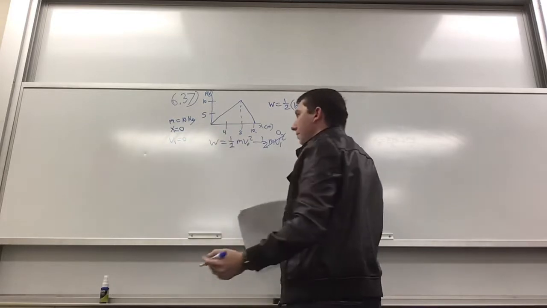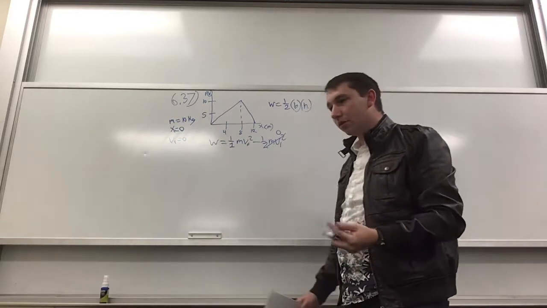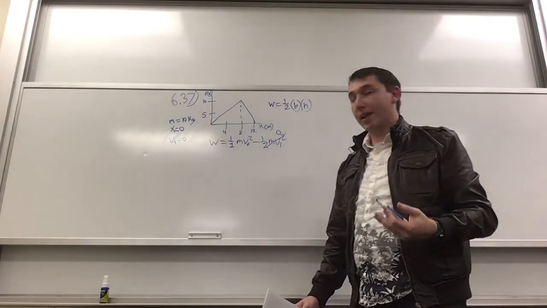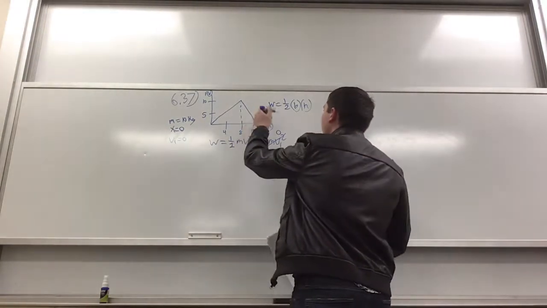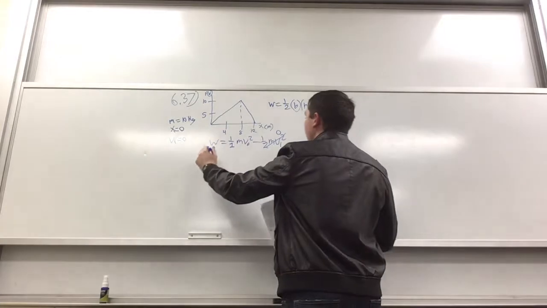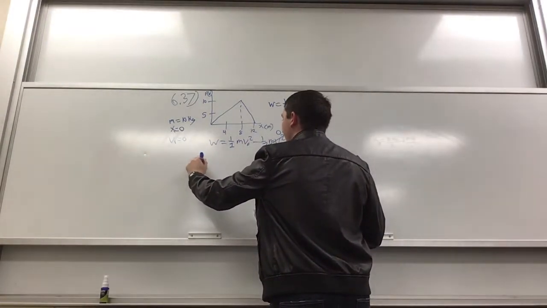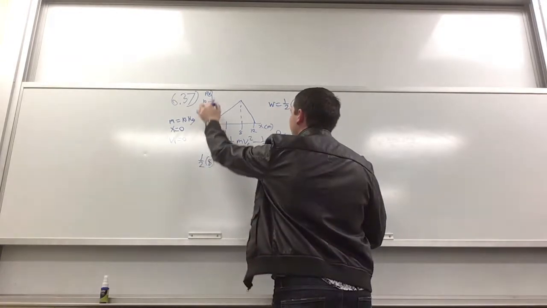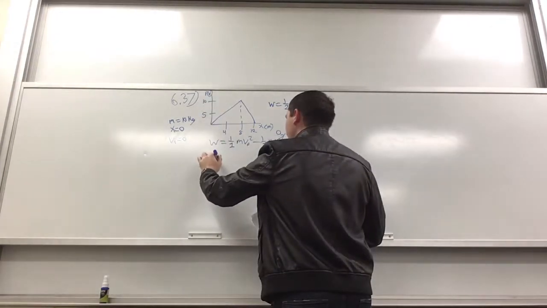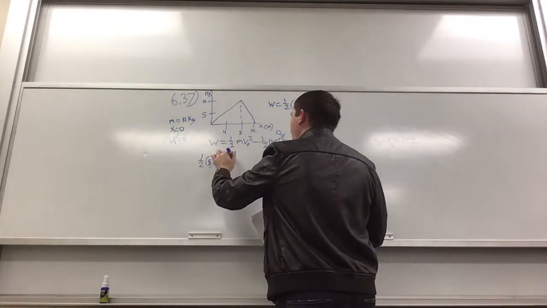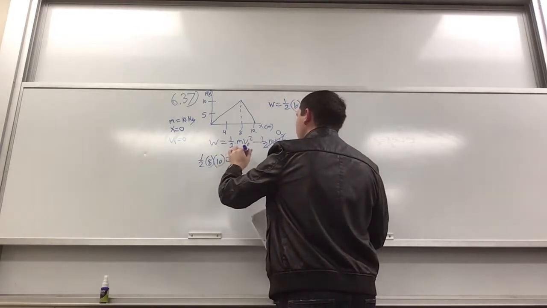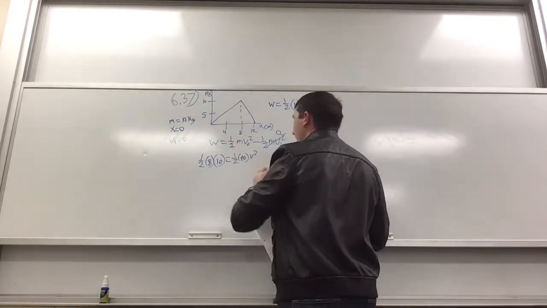So for the first part, when the sled's gone 8 meters, we're going to use that 1/2 the base, 8 meters, times the height, 10 newtons, is going to be equal to 1/2 10 kilograms times the velocity squared.